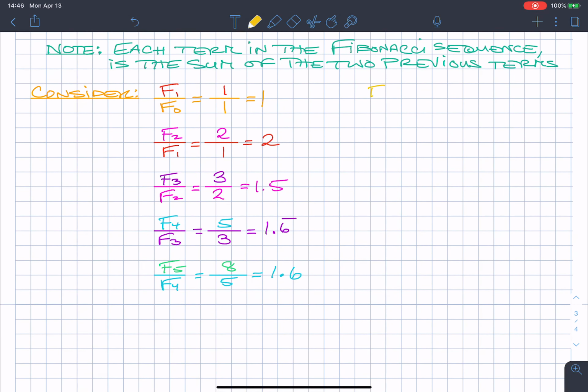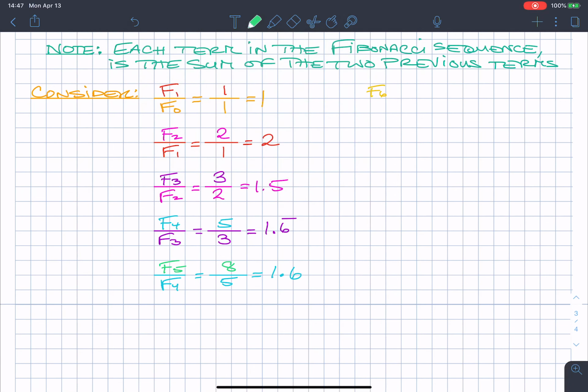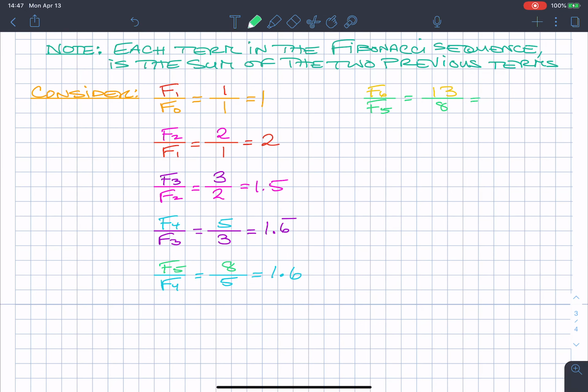So f sub 6 divided by f sub 5. So f sub 6 was 13 divided by 8, and I won't make you do this in your head. Just use a calculator. So 13 over 8 is 1.625.